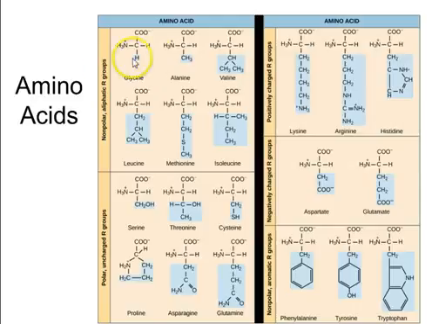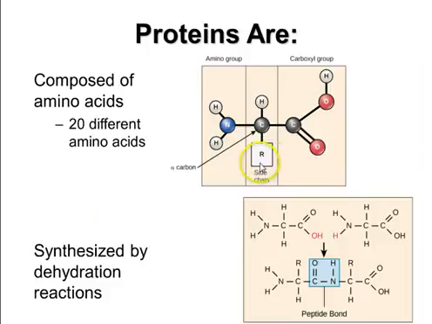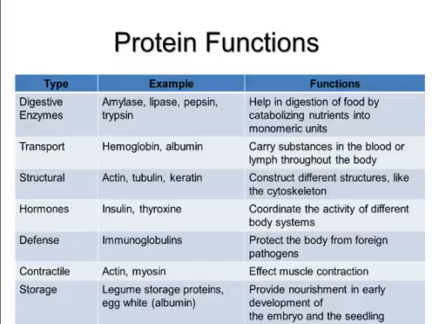So whether it's a non-polar, a positive charge, polar molecule, negatively charged, those are all determined by the R group. Now that R group, remember, is on this alpha carbon on the amino acid.